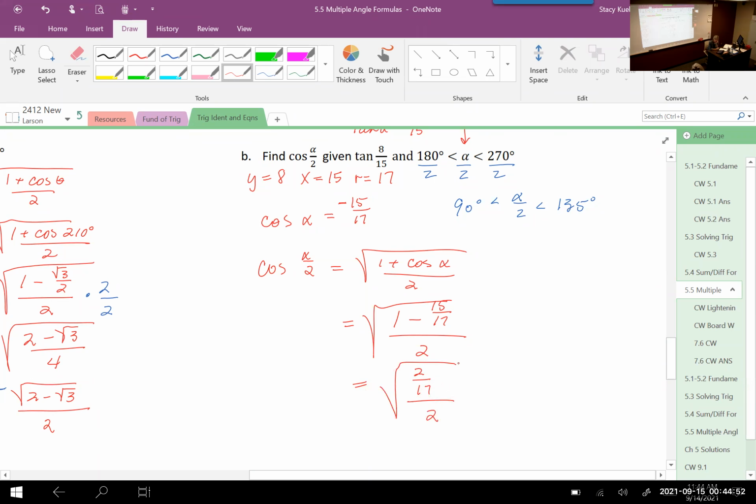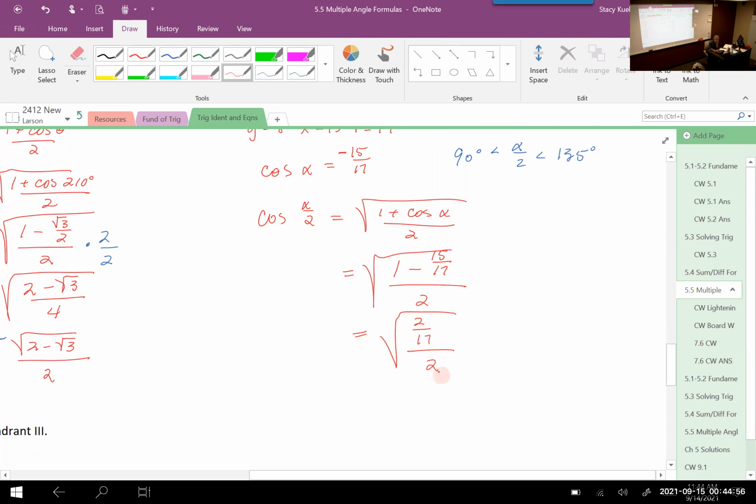If I divide by 2, I multiply by 1/2, so that's going to make that 2 disappear. This ends up just being 1/17, or the square root of 17/17. This is cosine of alpha over 2.